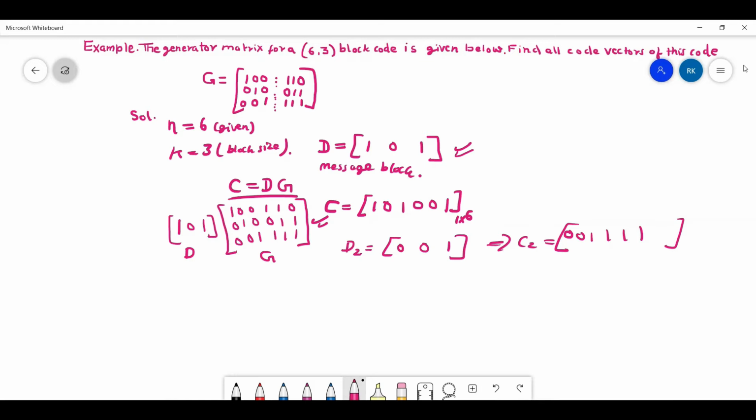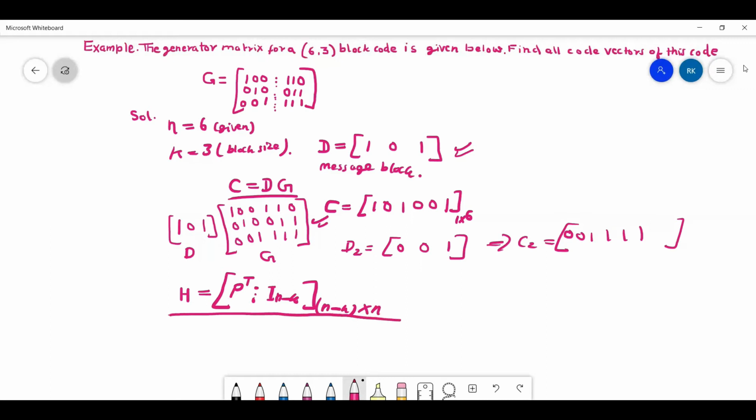Now we know that we have a parity check matrix H associated with each (n, k) block code. We also need to remember the formula that we have learned before. This parity check matrix is given by P transpose followed by an identity matrix of size n minus k, and this whole matrix is sized n minus k cross n.